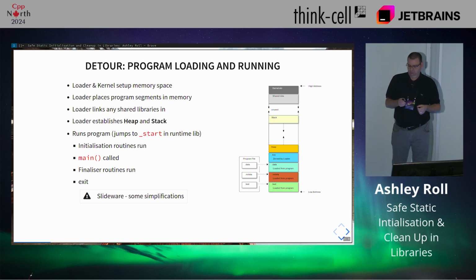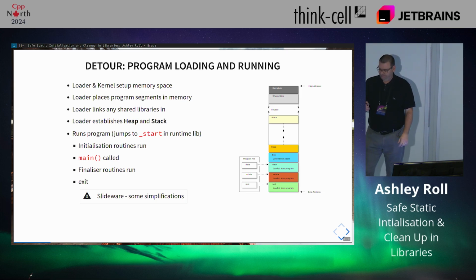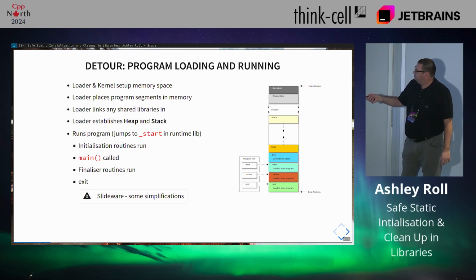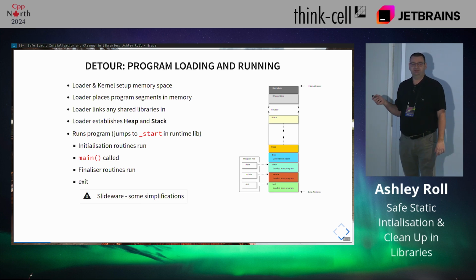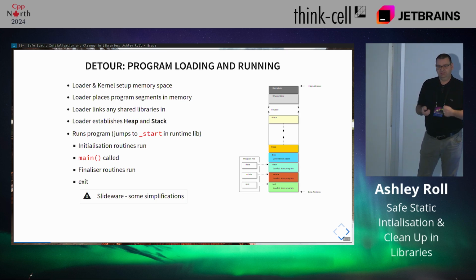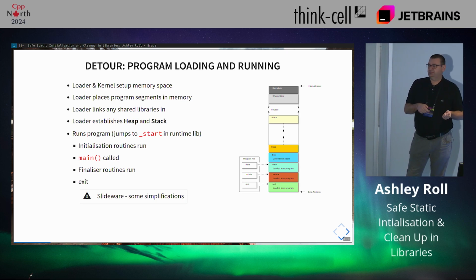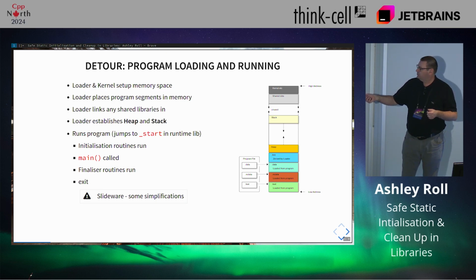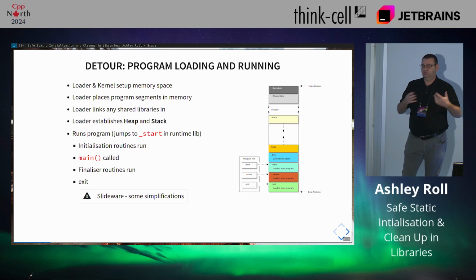So in this case, it will load our data segments, it will do linking, and then it jumps into start and runs our initialization routines. All our initialization routines are where we start to get our static storage duration stuff initialized. It then calls our main function, and when main finishes, it goes and calls a whole bunch of finalizers that clean up all of our static stuff.